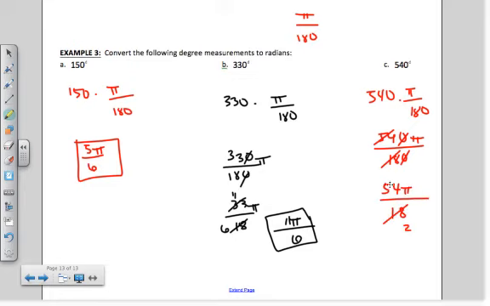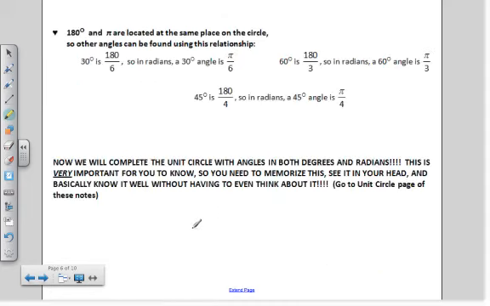This would simplify to 6 over 2, and 2 is a factor of 6, so that would be 3. So this is 3 pi. Okay, so that's how you do it. You just multiply by whatever is the opposite of what you have. So here I'm dividing by 180 because 180 is degrees, and I'm multiplying by pi.